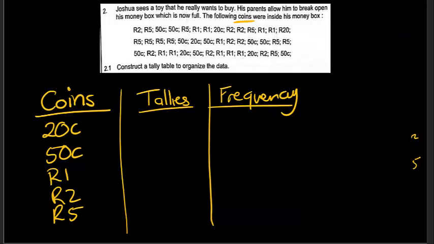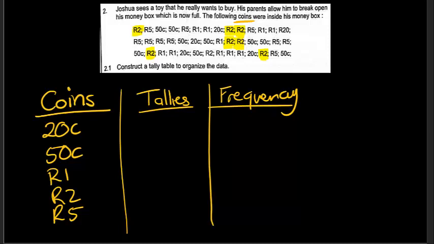Next up, we want to see how many of each we have. What we can do is highlight. Let's start with the first one, which is a 2 rand coin. If I highlight all the 2 rands in yellow, then I can count exactly how many I have.